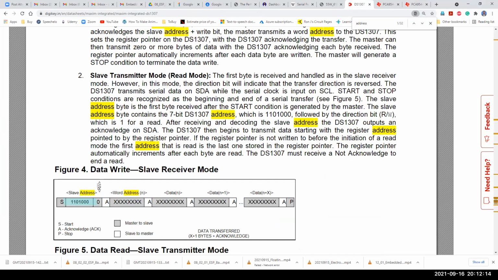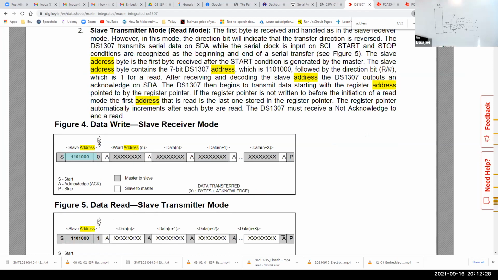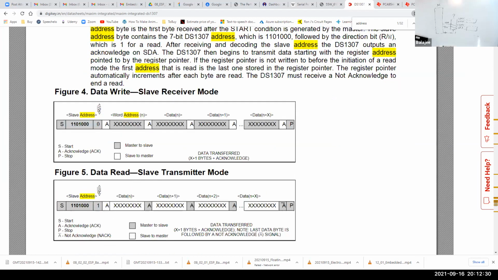The address is 110100, and then there is a 0. That 0 is for write or read. If you make it 1, it's called read. If it is 0, it means write. I told you that the device address is 7-bit, and 1 bit is read or write. This you can change, but this you cannot change.